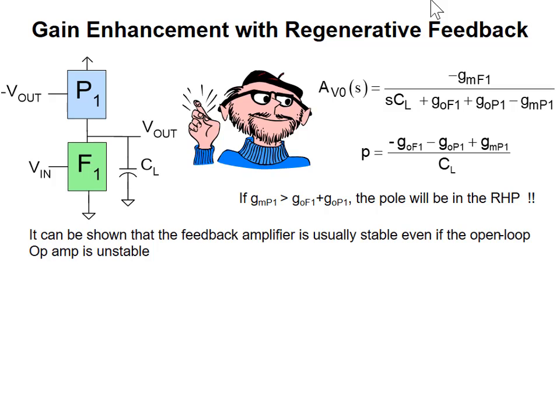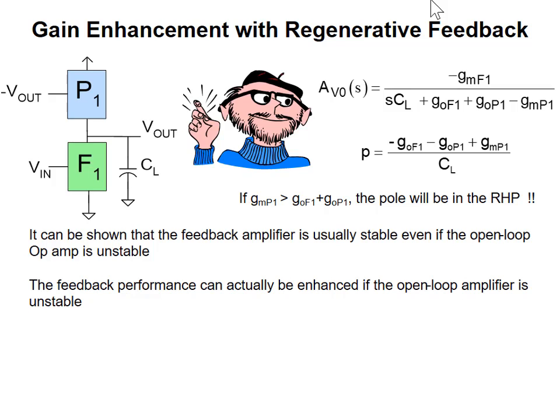Oh, it can be shown that the feedback amplifier is usually stable even if the open loop op amp is unstable. That changed the game a little bit, doesn't it? Because we don't use the op amp open loop. In fact, we're going to show after pizza that the feedback performance can actually be enhanced if the open loop amplifier is unstable.